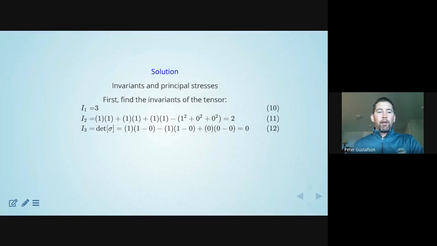Here are what they are. I1 is going to be equal to 3. I2 will be equal to 2. And I3 will be equal to the determinant of the original matrix, which works out to be equal to 0.